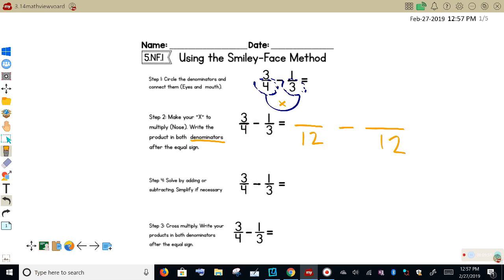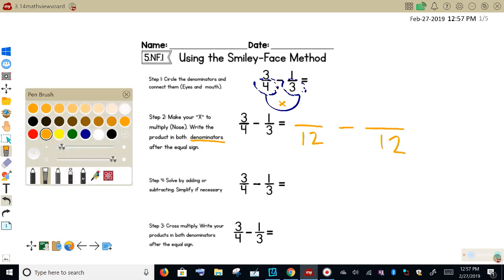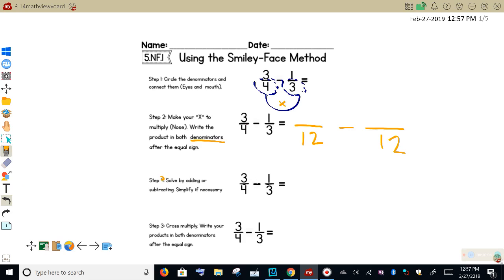Step 3 is backwards. All right, well, let's do a couple of changes real quick here, guys. This looks like it should be my step 3, and this is my step 4. Okay.